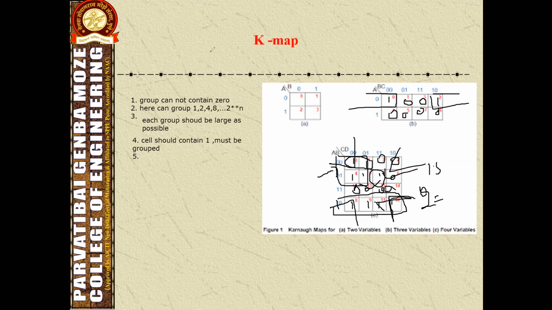So in the K-map, opposite and corner grouping is also allowed.